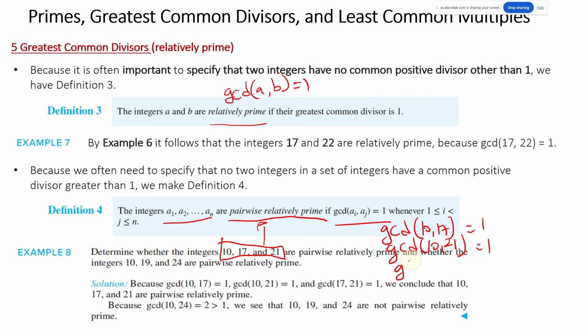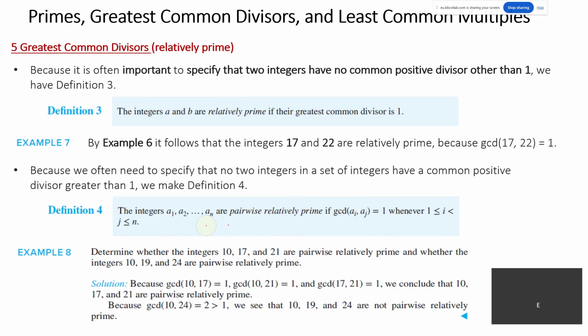So all different combinations of these 10, 17, and 21. We check them. All of these have this greatest common divisor to be only 1. So this is what it means.